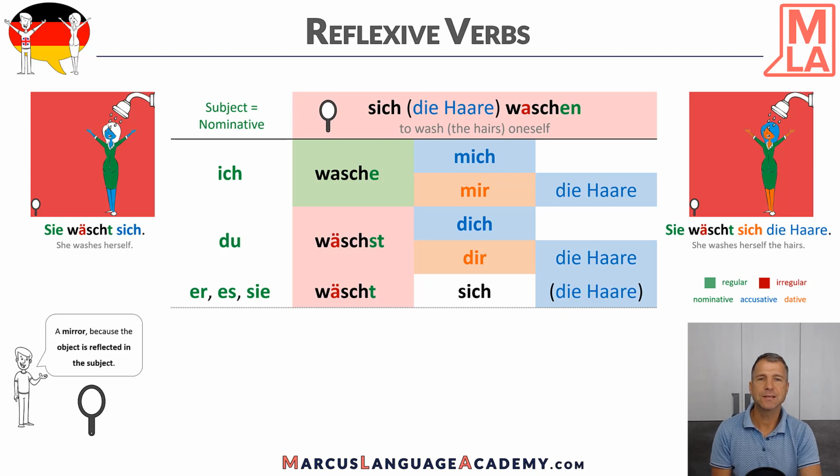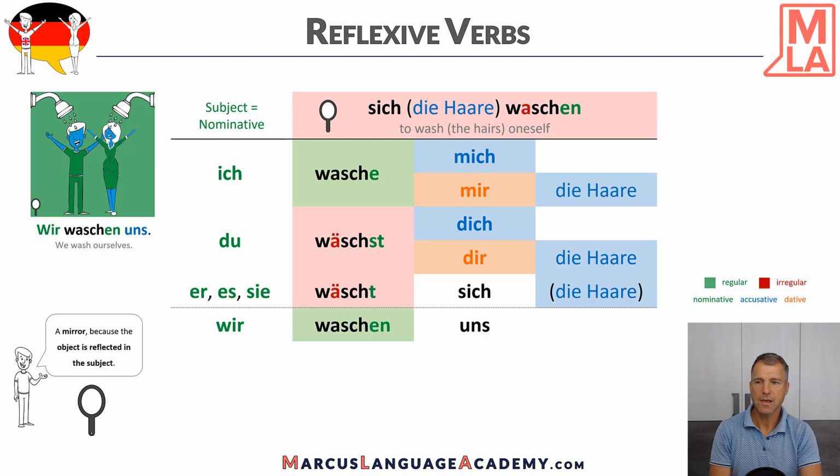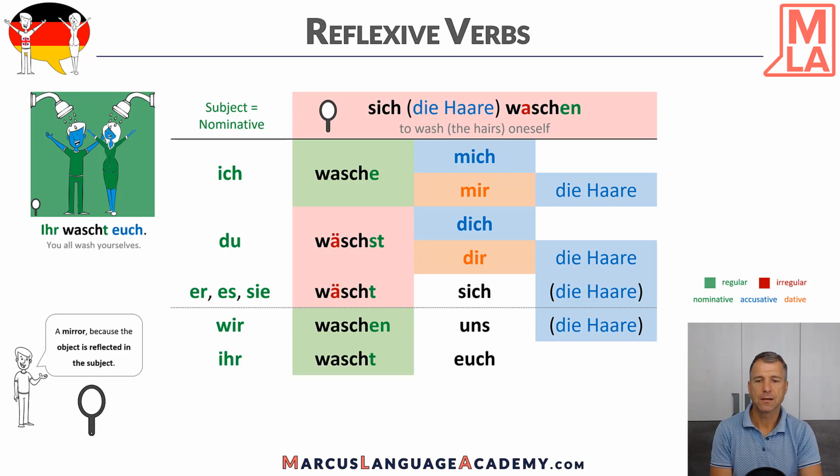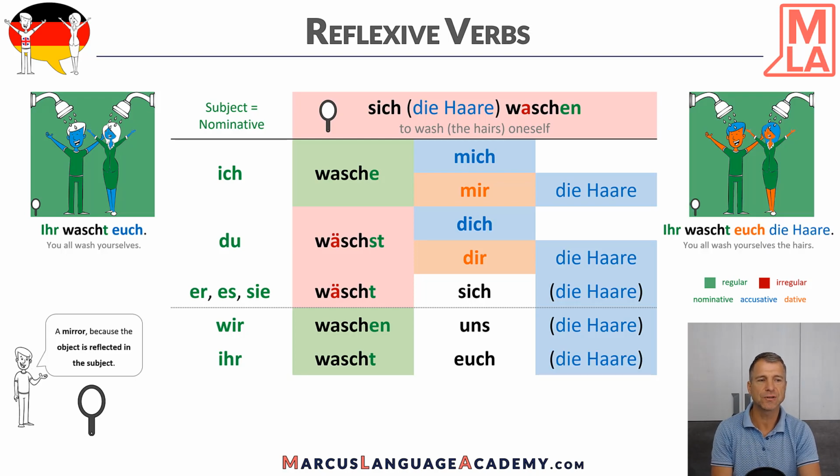Okay, so let's see the plural. Wir waschen uns, we wash ourselves. And wir waschen uns die Haare. We wash ourselves the hairs. So no change, it's still uns. So remember the reflexive pronoun uns. In second person, ihr wascht euch, you all wash yourselves, and ihr wascht euch die Haare.